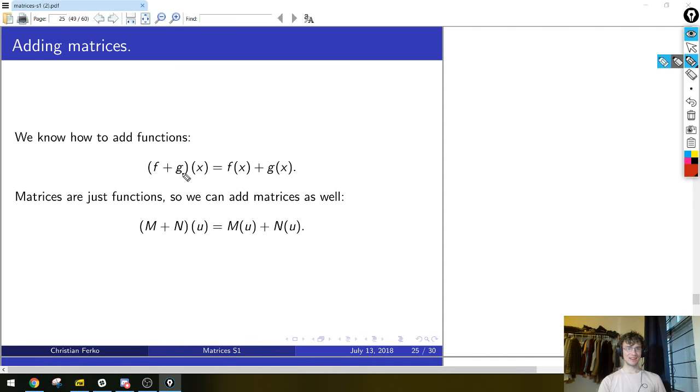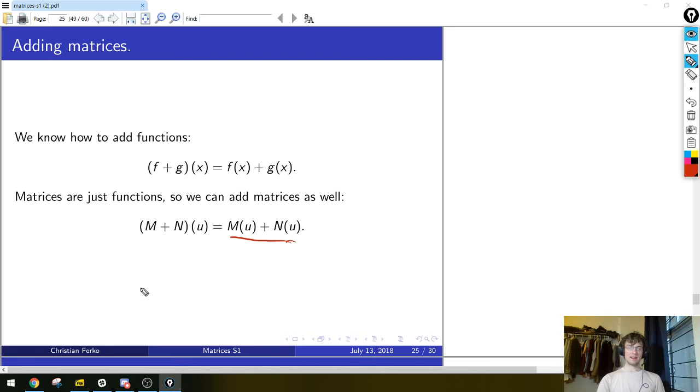So, right, again, matrices are functions, and we know how to add functions. If you add two functions, f and g, and apply that sum to an input x, the definition is that that's the same as applying f to x and adding it to g of x, right? So since a matrix is a function, we can add two matrices as well. You can add a matrix M plus a matrix N applied to a vector U, like this.